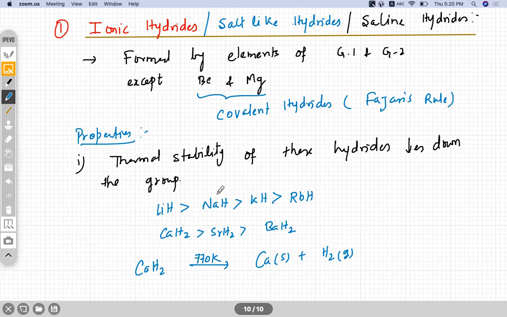The first element of any group shows some abnormal properties. What are you comparing?